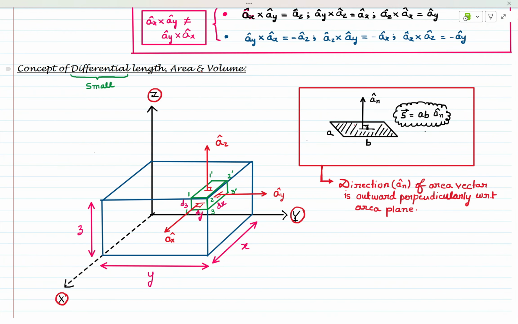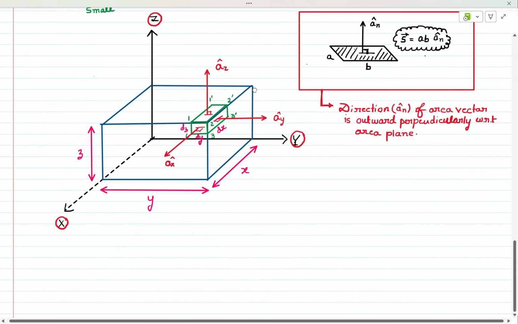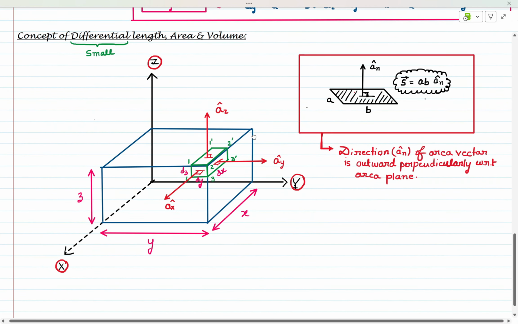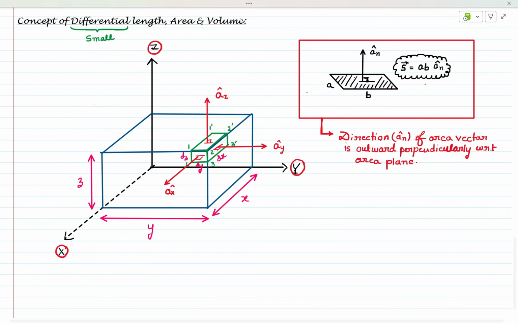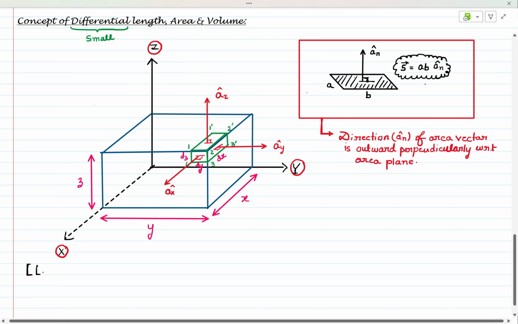Now let us dive into the exact formulas for differential length, area and volume. First of all, I will talk about the differential length. See, length is a vector. So as length is a vector, that means differential length is also a vector.